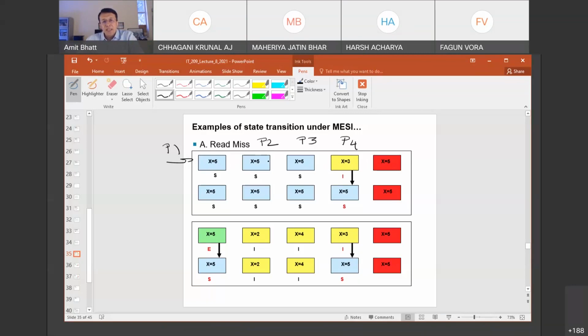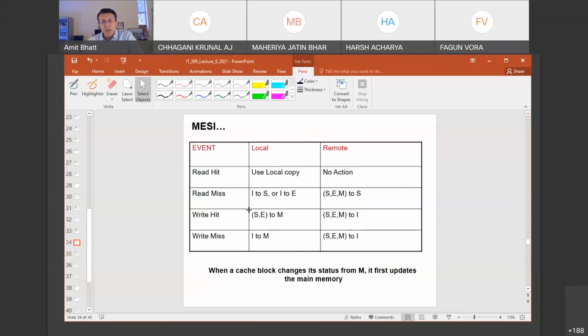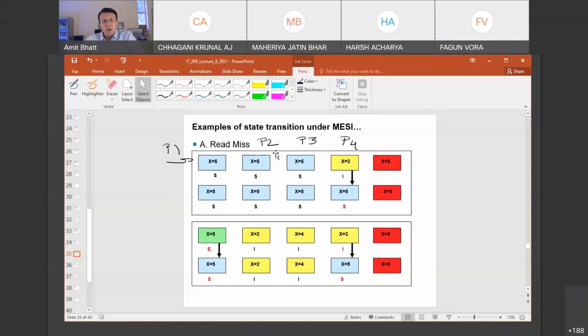From the protocol which we have seen, when multiple processors have their cache validated with the updated value, they get the S flag. So this particular block has got the S flag, that means shared.